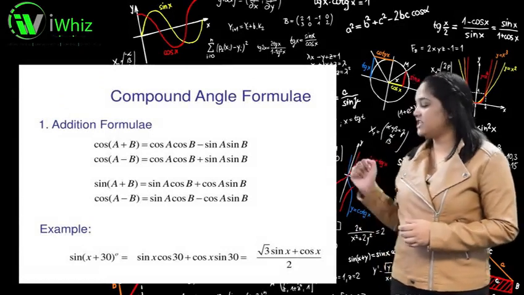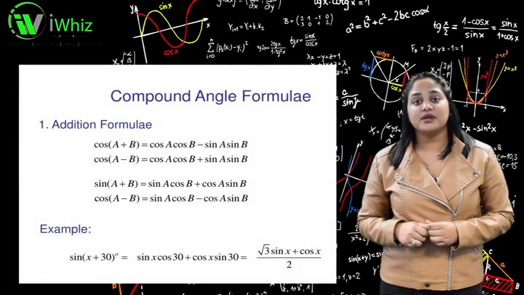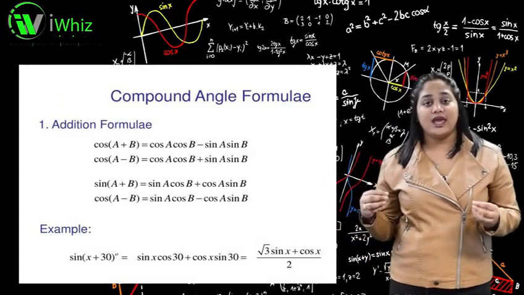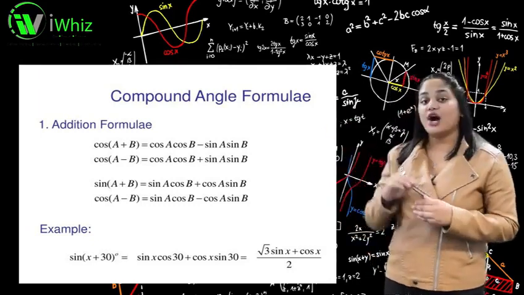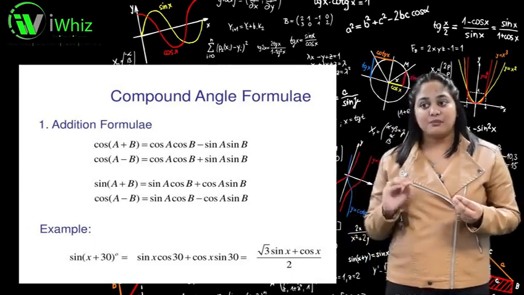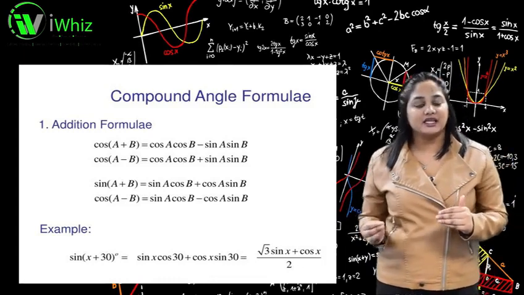Some of the identities, for example, the addition formula. The addition formula will speak about cos, alpha and beta, or A and B. You can add them, and the next one shows you how you subtract them. So you have your cos of A plus B, but you also have cos of A minus B.